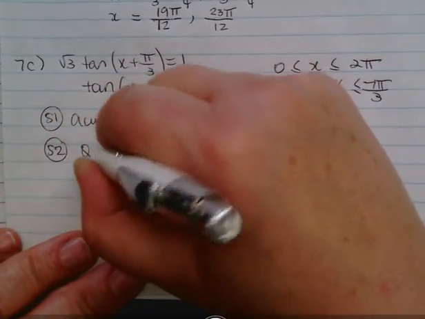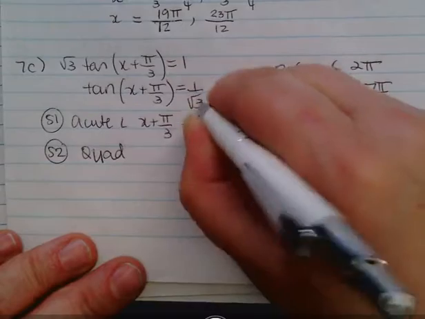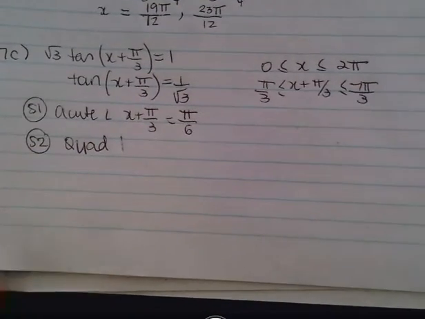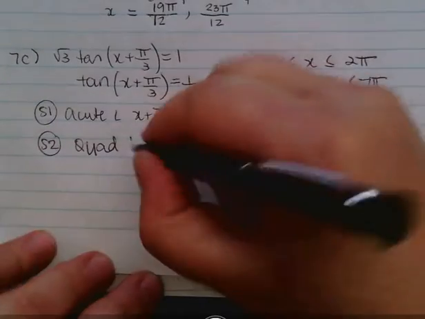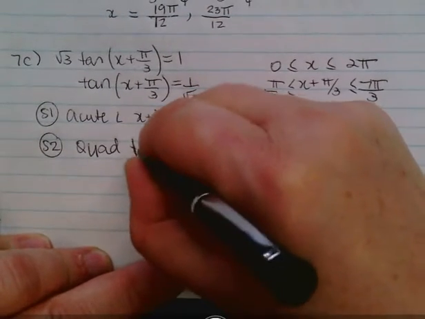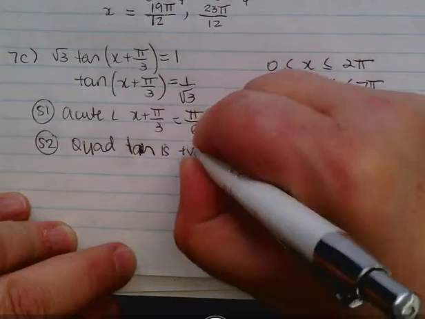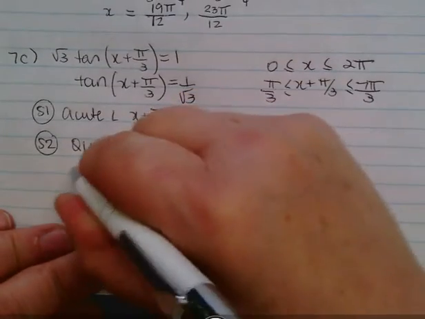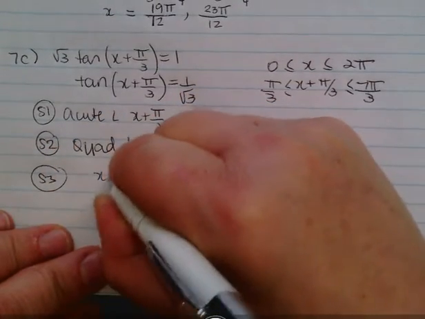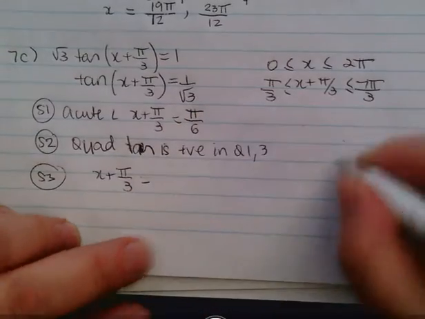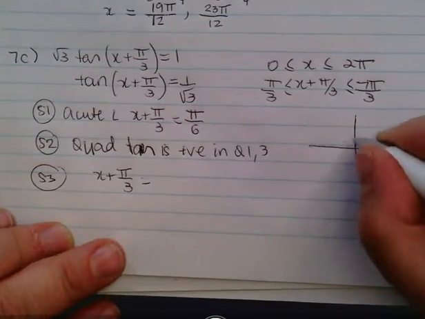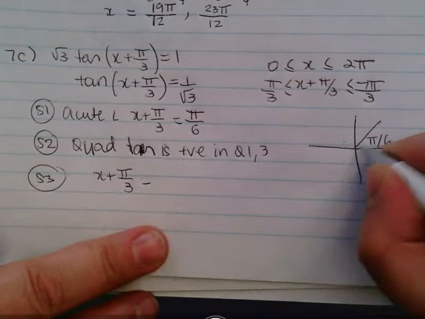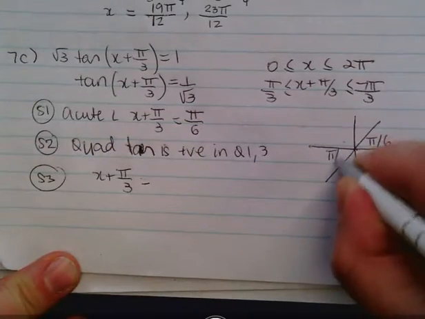So we say tan is positive in quadrants 1 and 3. So we look at our results. So therefore x plus pi on 3 is, doing a sketch, your acute angle is pi on 6, and we're in quadrants 1 and 3.